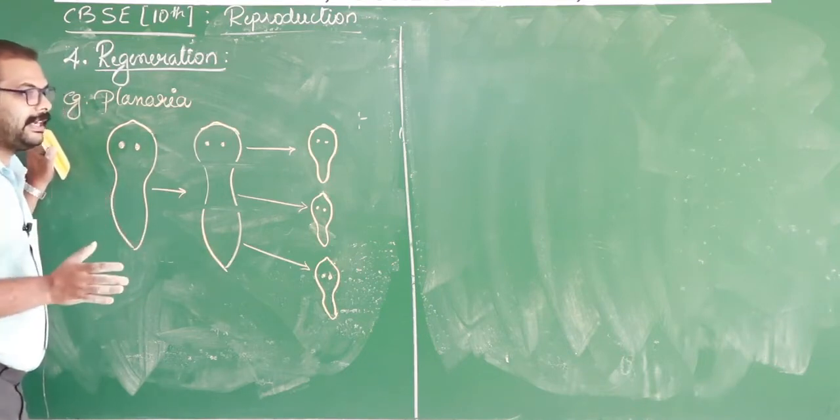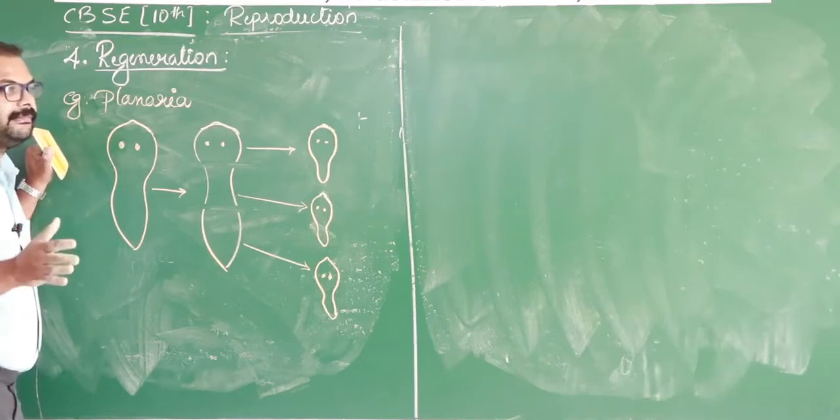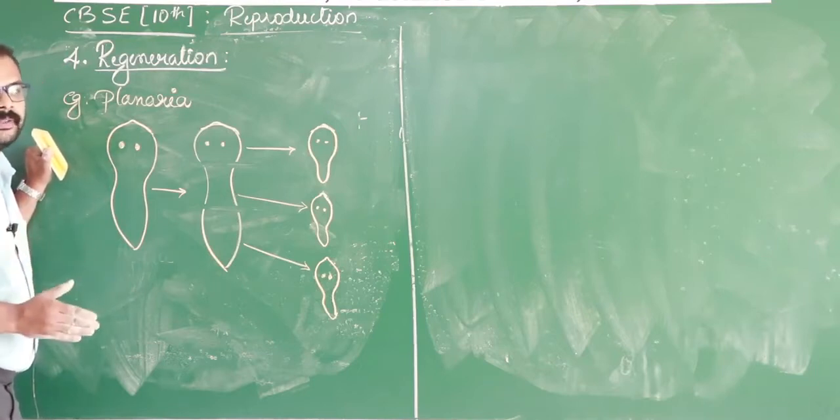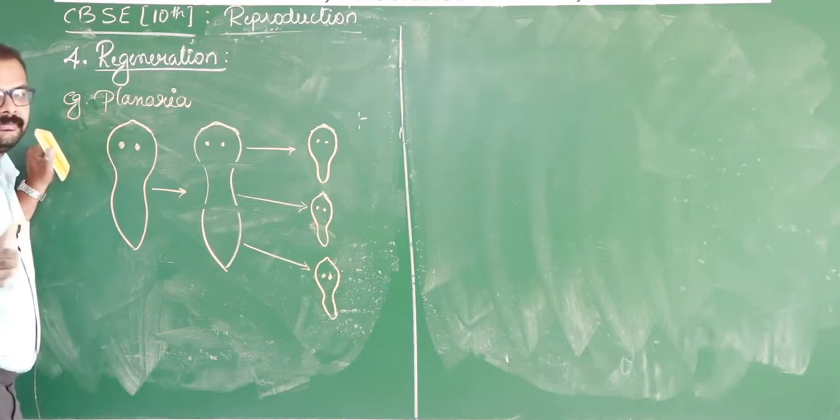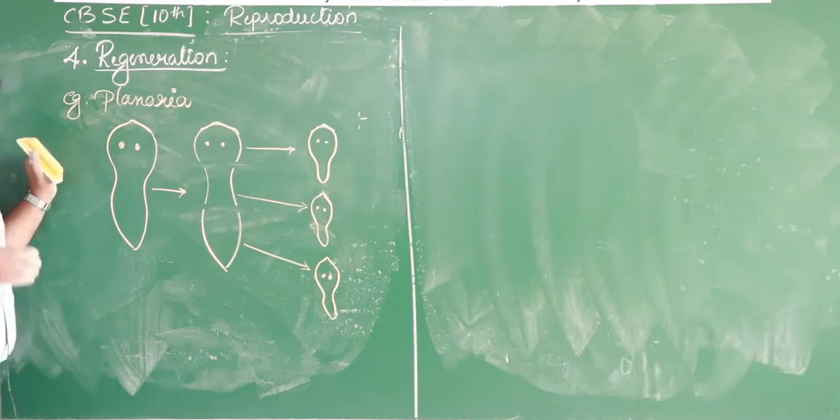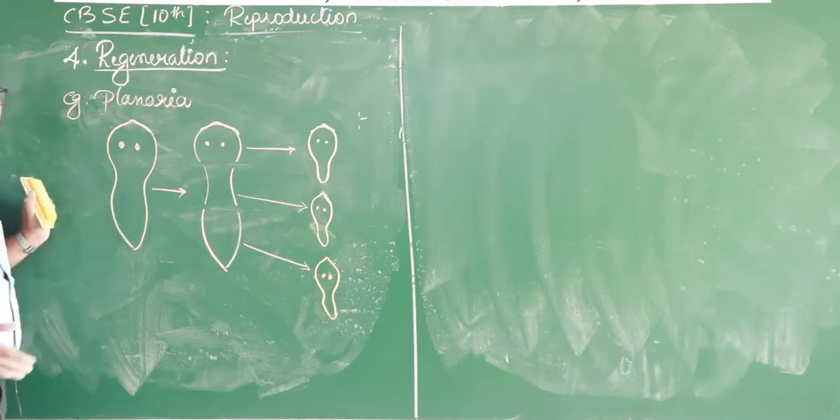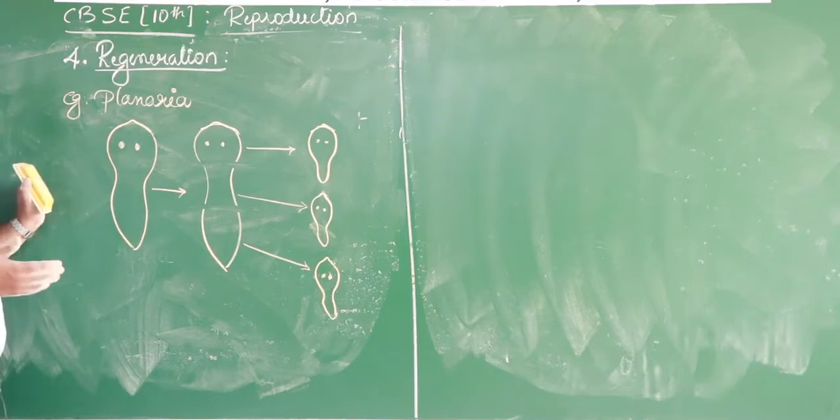This regeneration capacity is limited to lower organisms. It is not possible in higher organisms, because in higher organisms there is a complex structure. Here it is a simple multicellular organism, but in higher organisms cells are grouped together to form tissues, tissues to organs, organs to organ systems, and then they form the whole body.